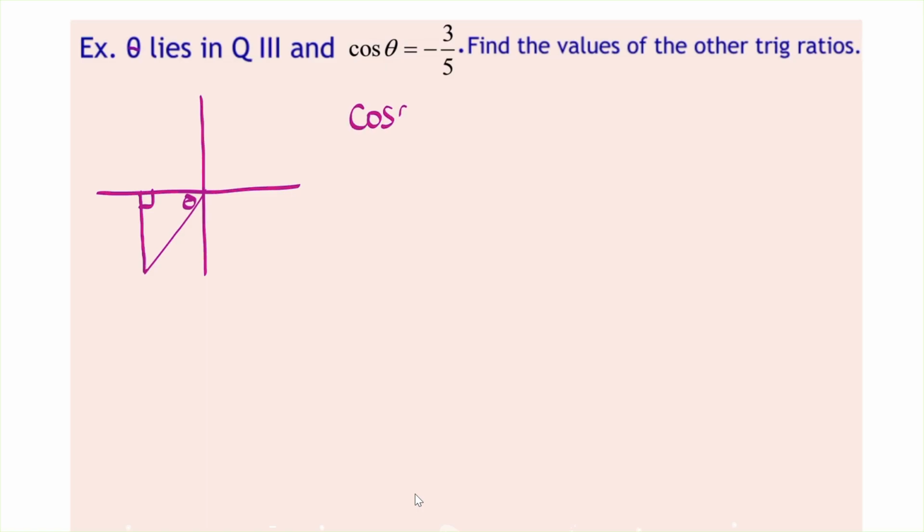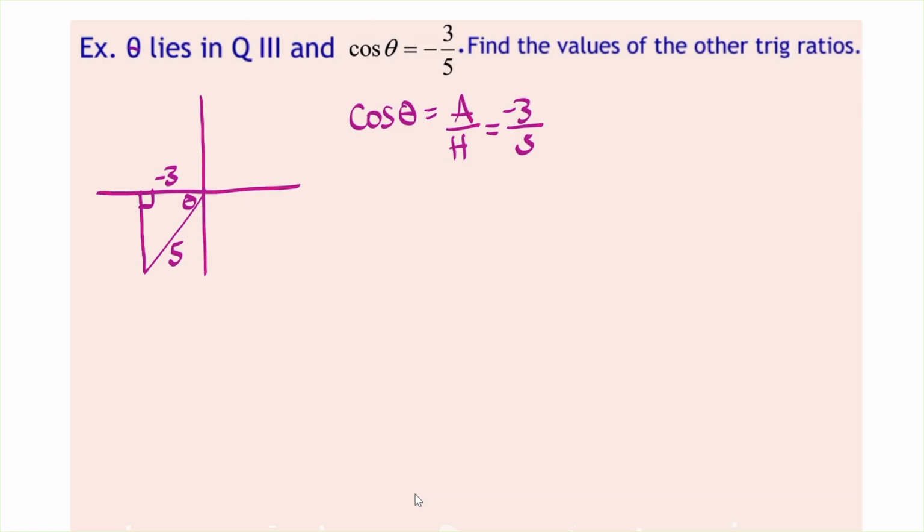We know cosine is adjacent over hypotenuse, which is negative 3 over 5. So that means when I look at this angle, I can label the right triangle hypotenuse as 5, and then the adjacent, again, adjacent means next to that angle theta, is negative 3. Now, we're familiar with our 3, 4, 5 right triangle, or I can use Pythagorean theorem.